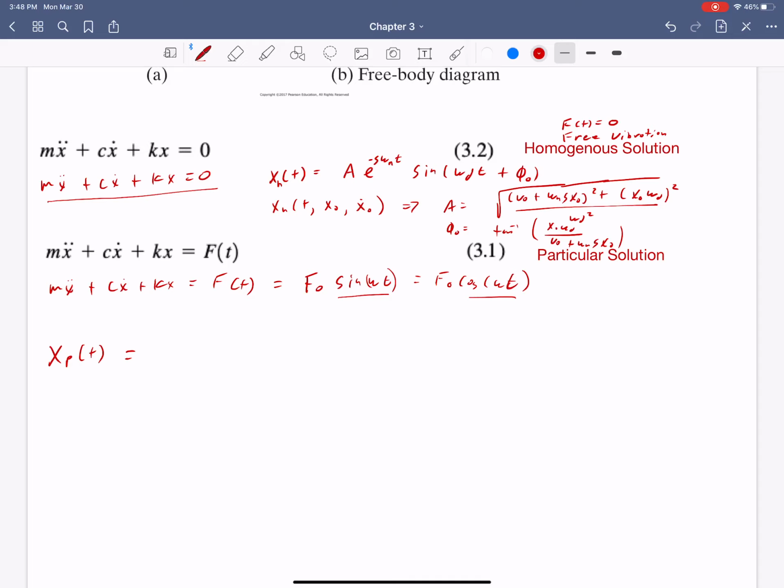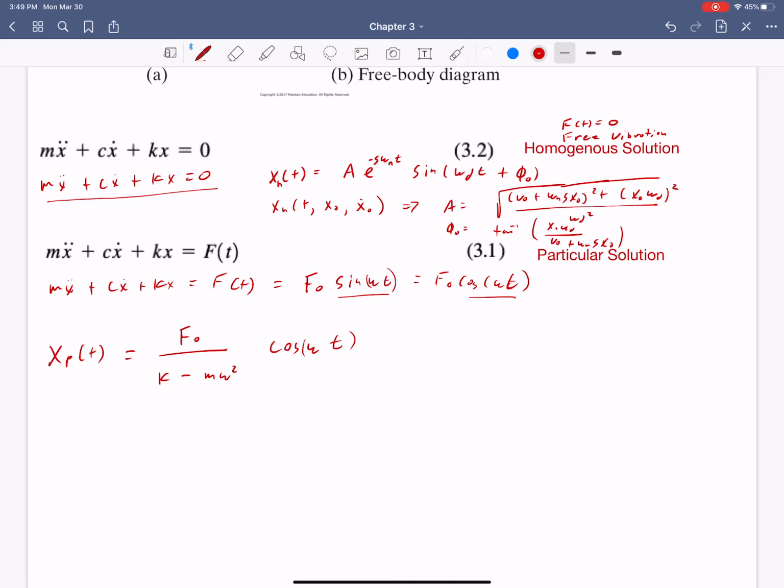We'll find out through detailed study and fun that x sub p of t is equal to f naught, the magnitude of the force, divided by k minus m omega squared, times cosine omega t. Does it have to be cosine or sine? It's fine. It doesn't change too much.